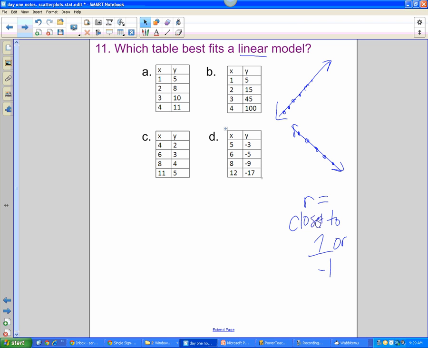Okay, so what you have to do is you have to find the R value for each one of these. So go ahead and do that and write it down.